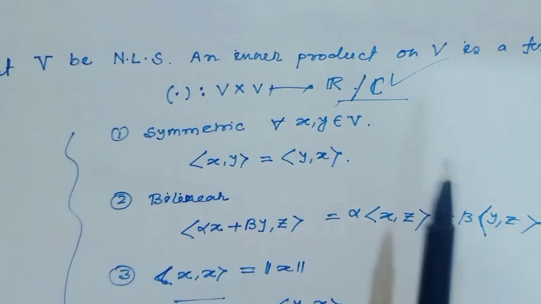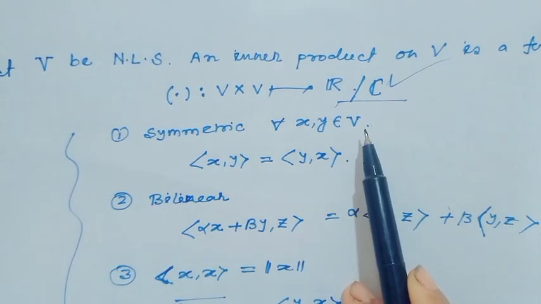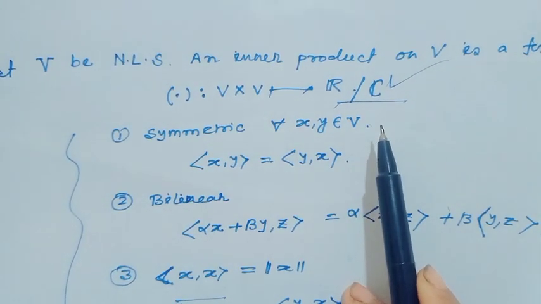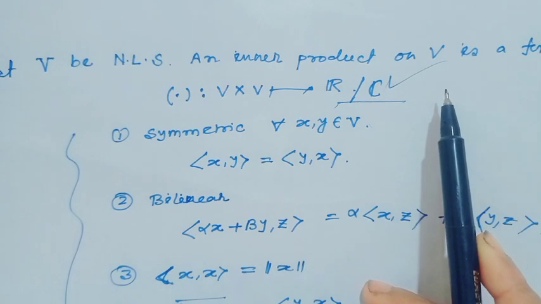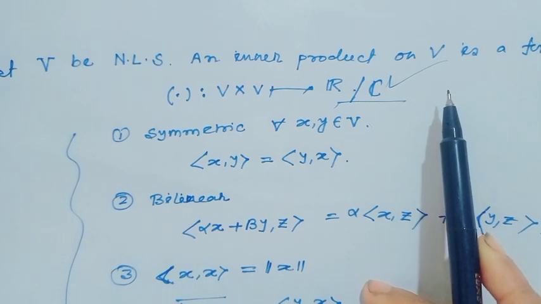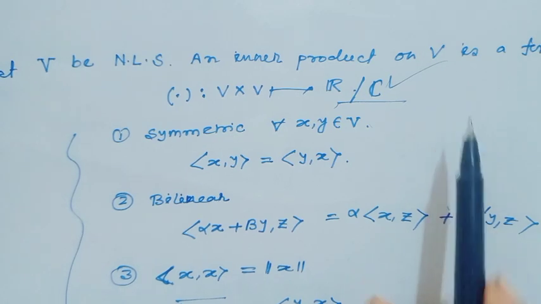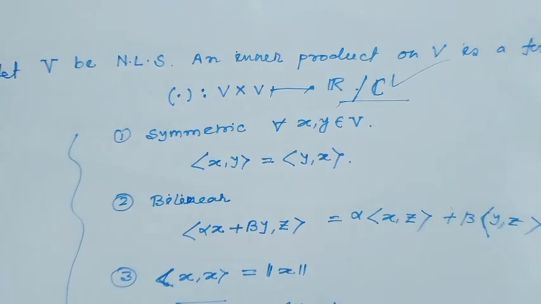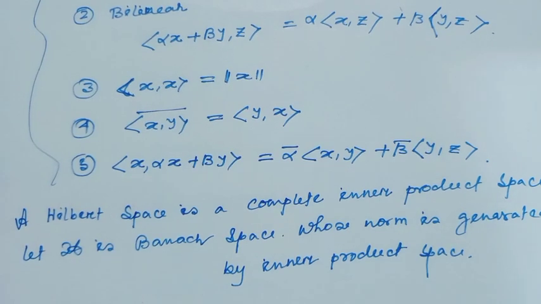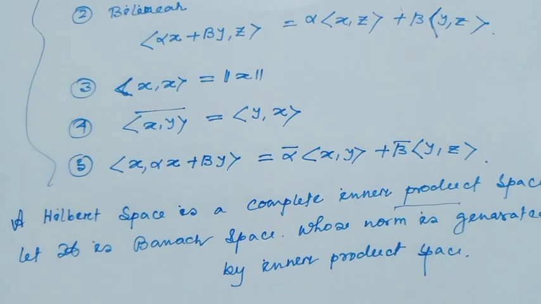If these properties are satisfied, then we can say this function is an inner product. I hope all my viewers have understood this in a better way. A Hilbert space is actually a complete inner product space.